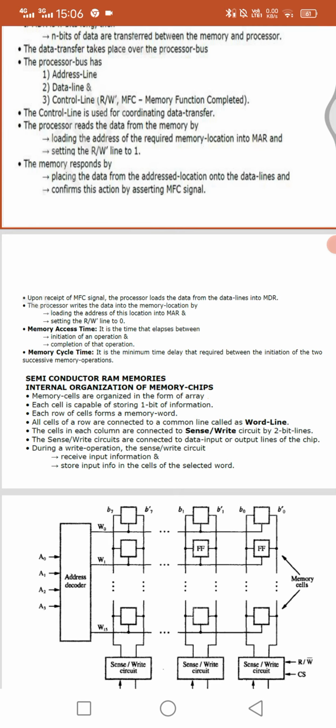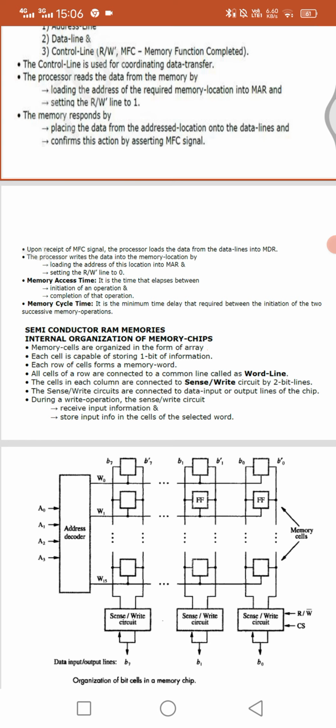Next, memory cycle time is the minimum time delay required between the initiation of two successive memory operations, that is, one after another. That is called memory cycle time.